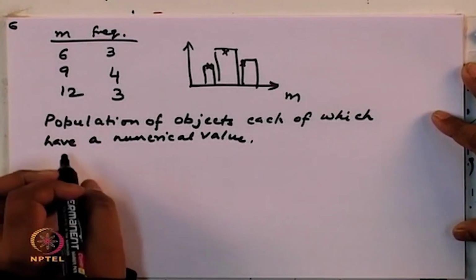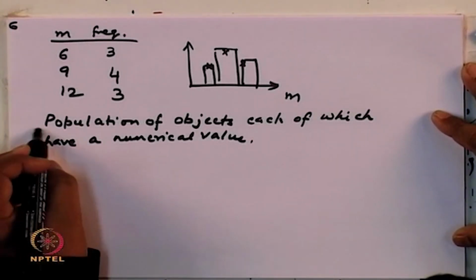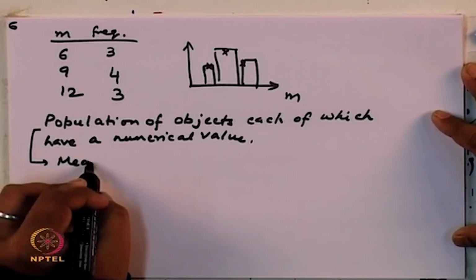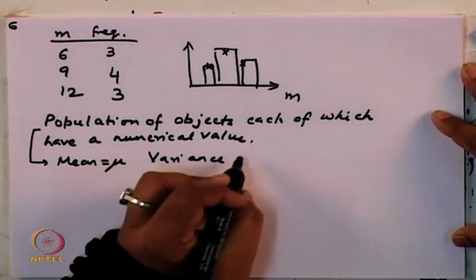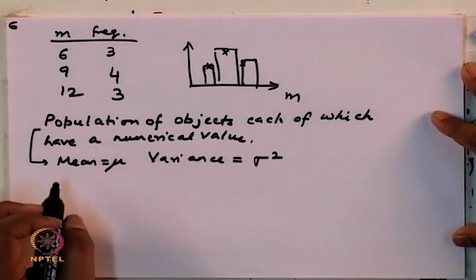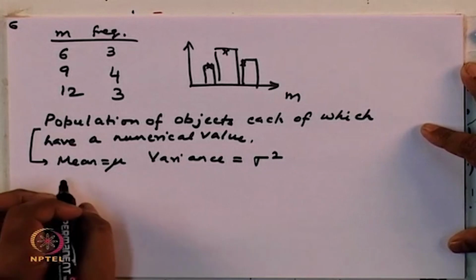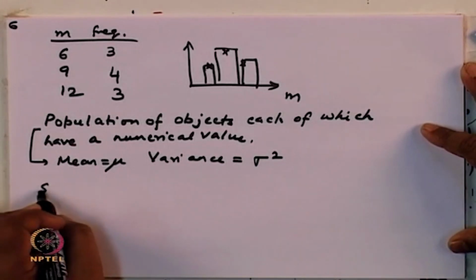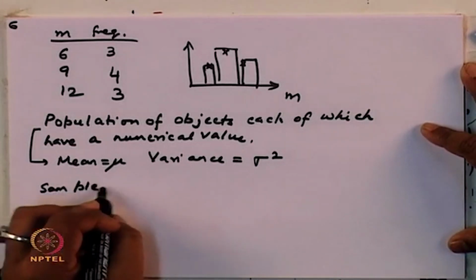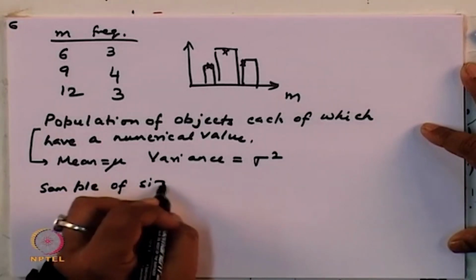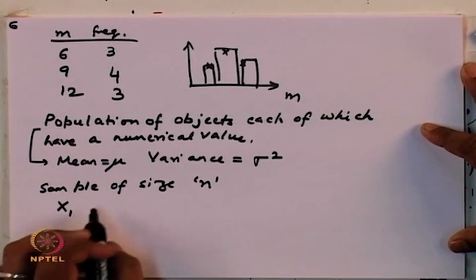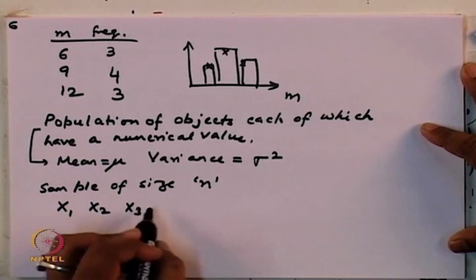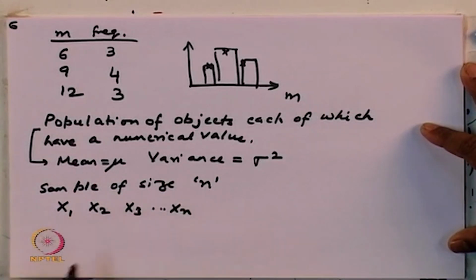And let us say for the population you have a mean equal to mu and a variance equal to sigma square. Now, let us say from this population you draw a sample of size small n, and you label these numbers as x1, x2, x3, xn.